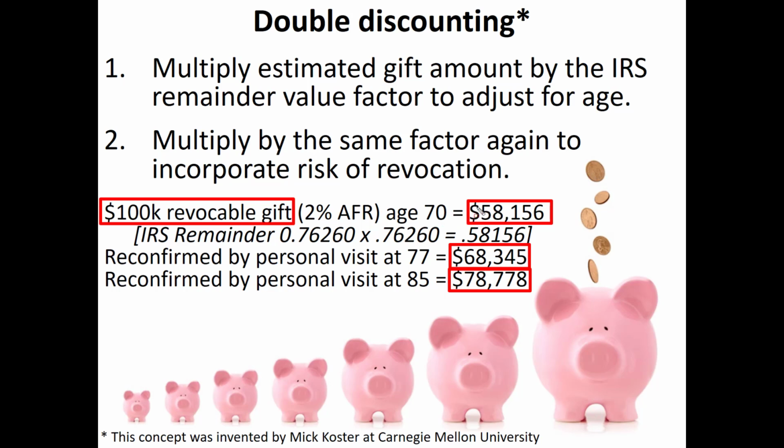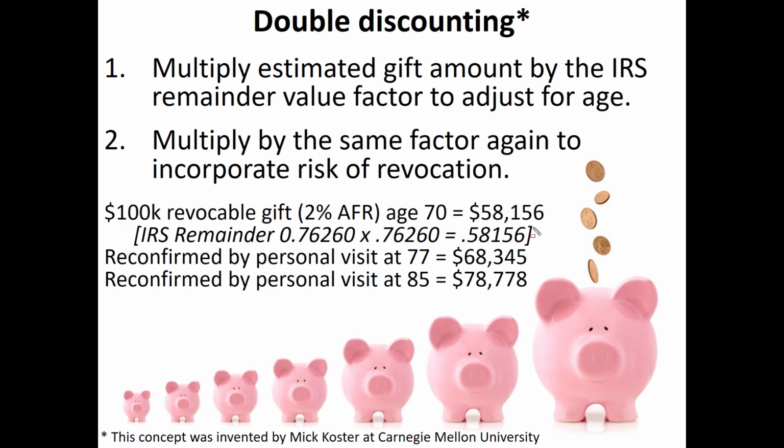So in other words, as the ages go down, this number gets tiny, right? For a person who's age 35, this number is about 19% instead of 58%. So again, it doesn't say you can't go out and get gifts from 35-year-olds, but a gift from a 35-year-old is going to count at about 19% of its face value.